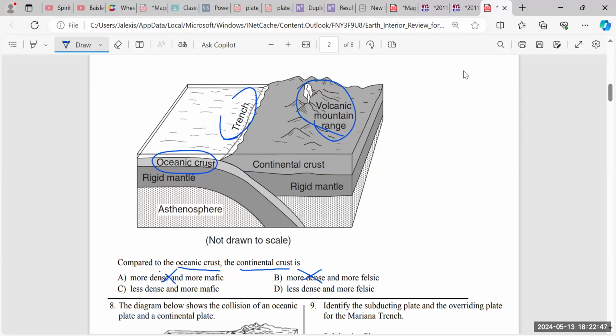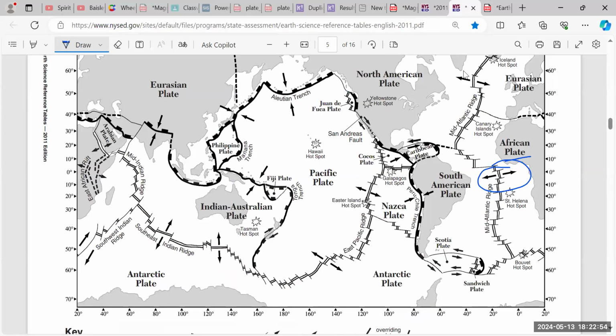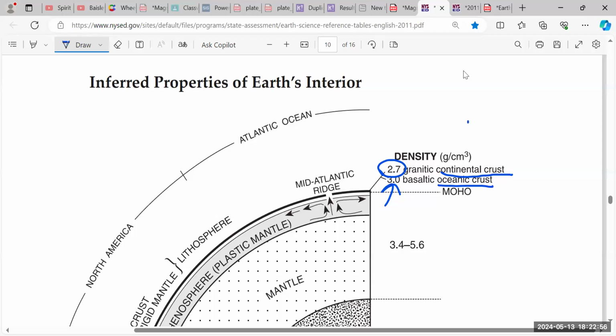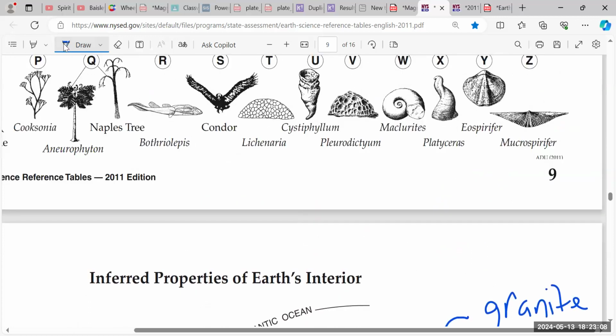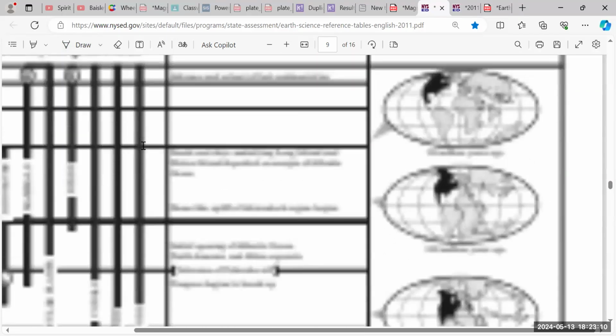Now, to determine whether it's more mafic or felsic, take a look at page 10 again. It tells us the rock that makes up the continental crust. Granitic sounds a whole lot similar to the rock called granite. And where do I find that information? Page 6 of the reference tables.